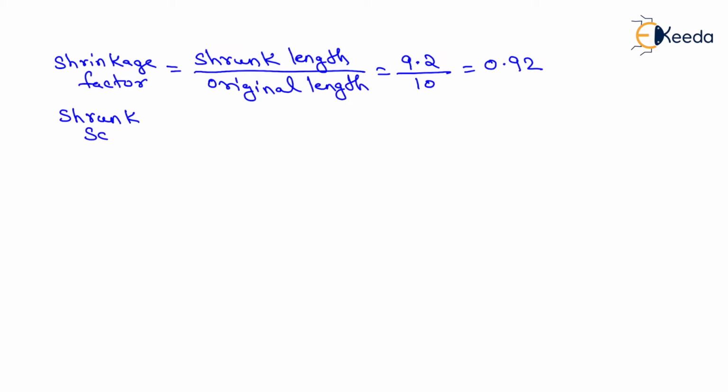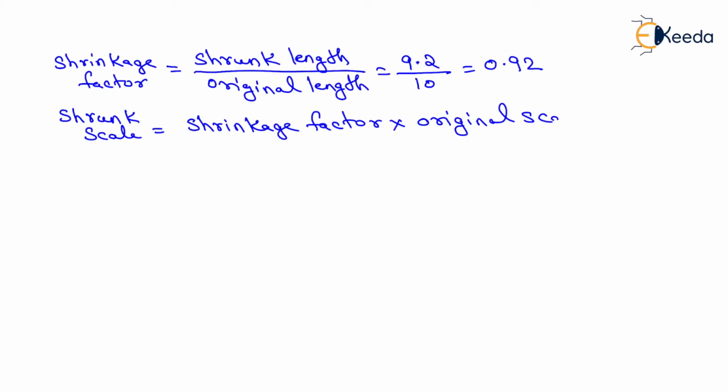Now what is the value of shrunk scale? It will be equal to shrinkage factor into original scale. We computed the value of shrinkage factor as 0.92, multiplied by the original scale, which is already given in the question, that is 1 centimeter on paper will represent 50 meter on ground.